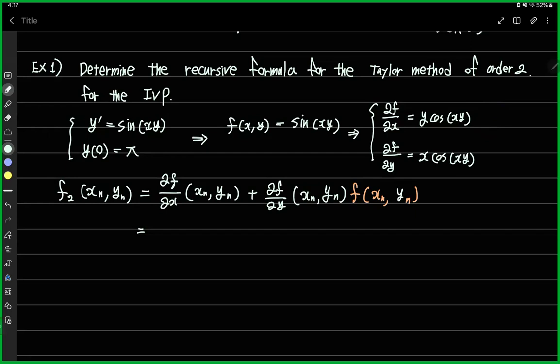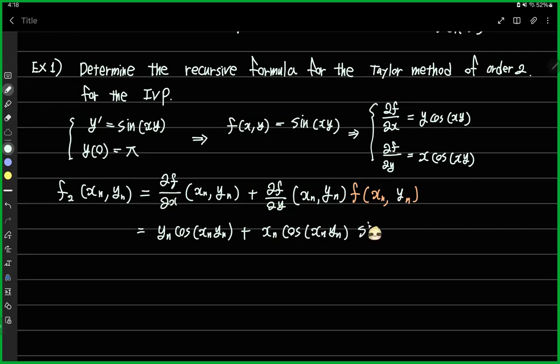So now we got this, and we just put them into here. So we got y sub n, right? And the cosine of x sub n times y sub n, right? And the plus, and then this is gonna be x sub n times cosine x sub n y sub n, and then f, what's f?